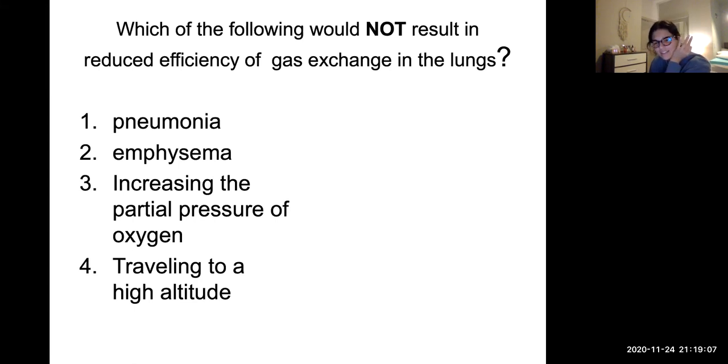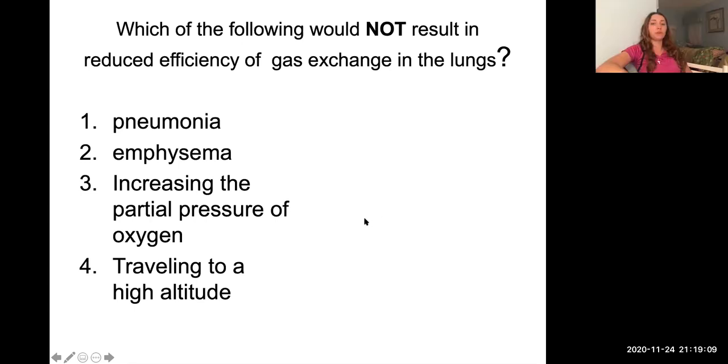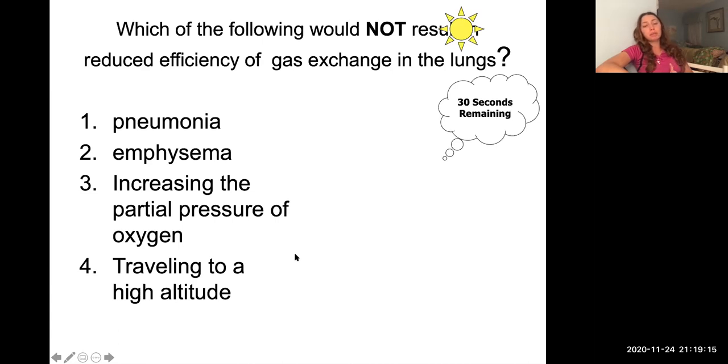So it would be 3, because increasing the partial pressure of oxygen means that the higher the partial pressure of oxygen in the atmosphere, the higher the partial pressure will be in your alveoli, and it should be within 5 millimeters of mercury between your alveolar PO2 and your PaO2 levels.